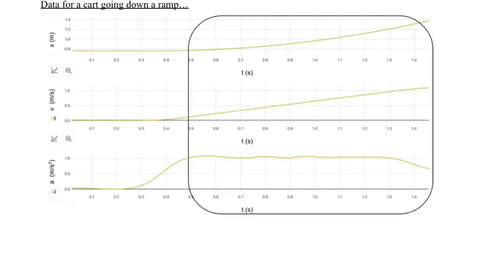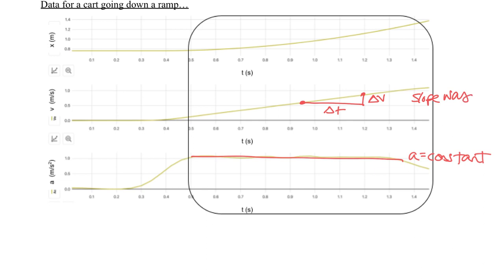So what we saw with the cart going down a ramp was that the acceleration is constant. And then the slope of the v versus t, right, delta v over delta t, the slope was that acceleration. If you calculate this slope, you will get this number. Okay, that's how it goes.